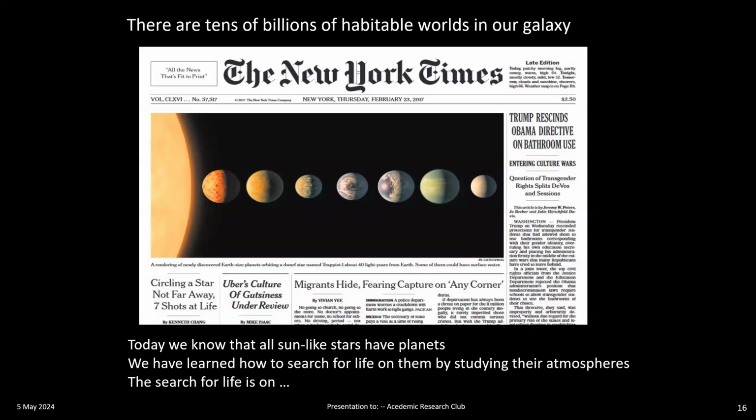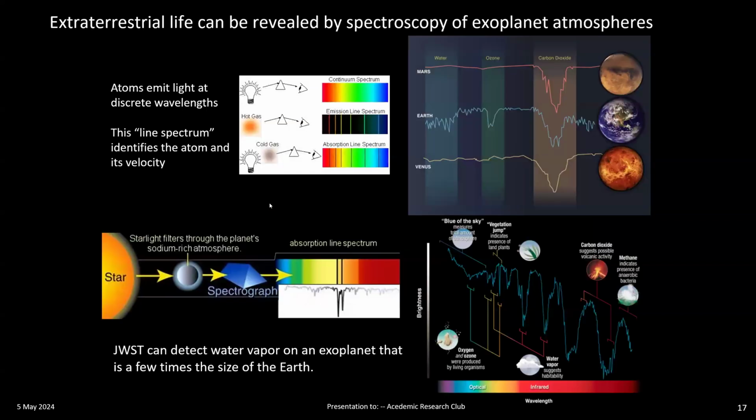How can we search for life on an exoplanet that is so tiny and far away we could barely see the exoplanet? We use a process called spectroscopy, in which we use special optics to spread light out into its component colors so that we can see emission and absorption of individual atoms and molecules in the gas.